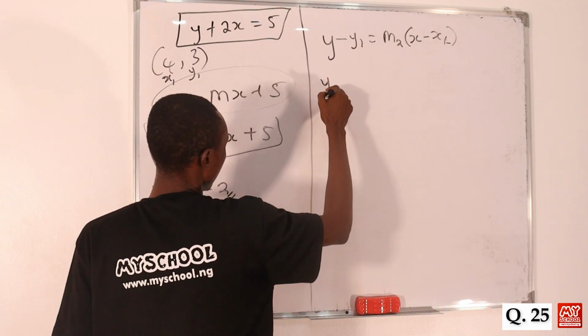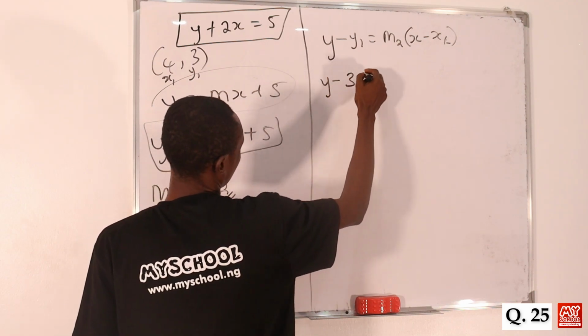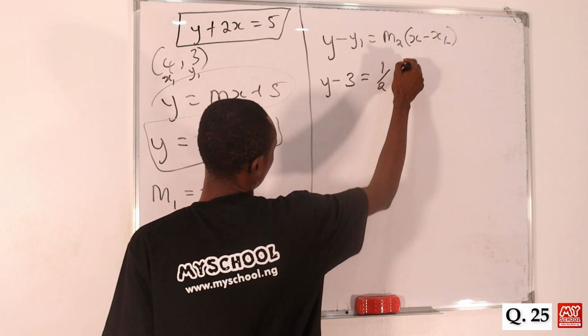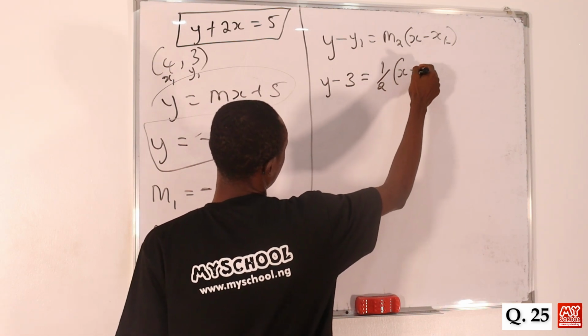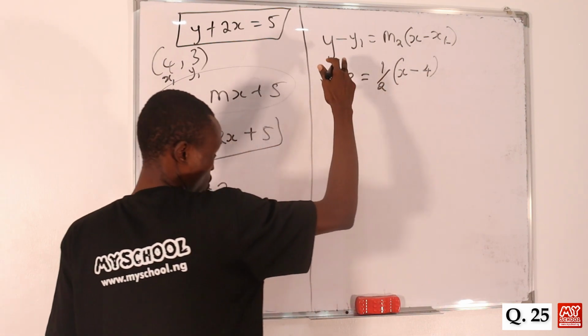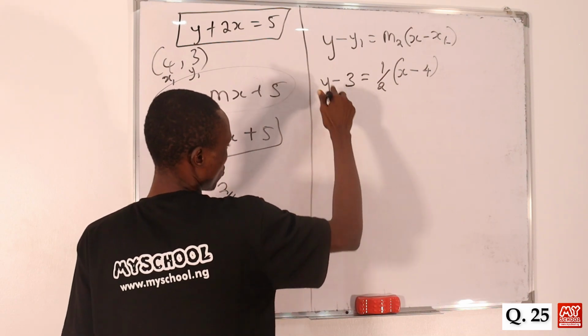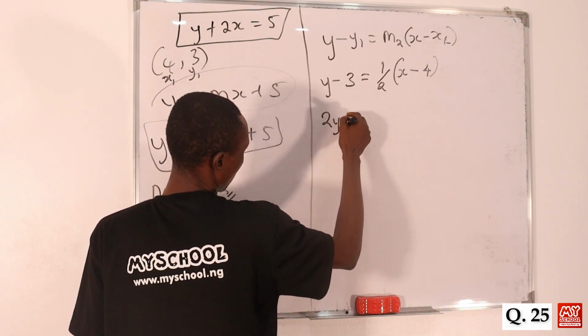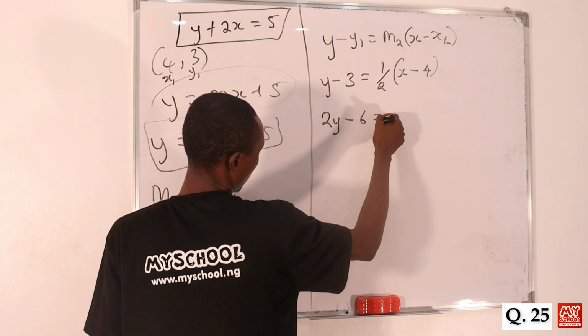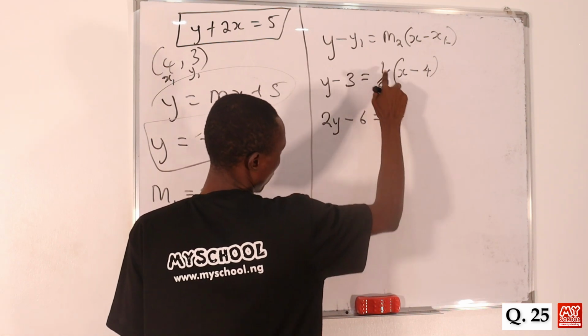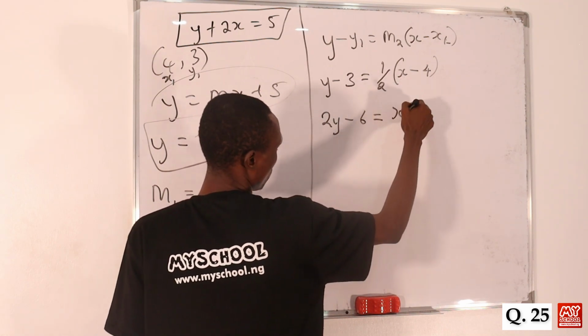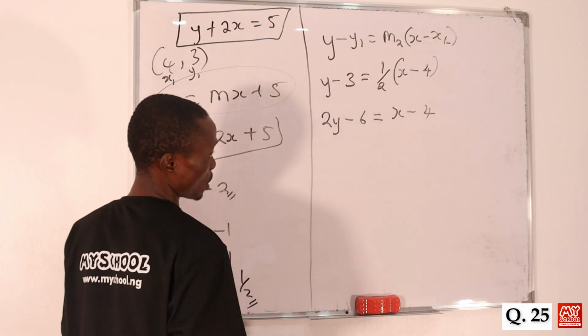So here we'll be having y minus 3 is equal to 1 over 2 brackets x minus 4. So we just cross multiply because of these two. So if we cross multiply, we're having 2y minus 6 is equal to x, 1 times x is x, then minus 4. So we collect like terms.